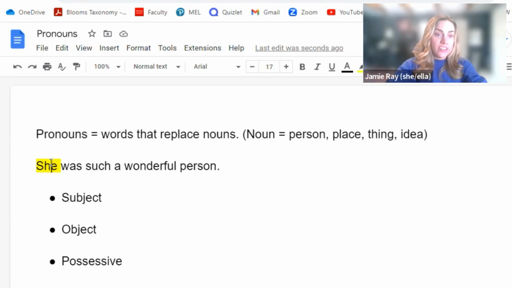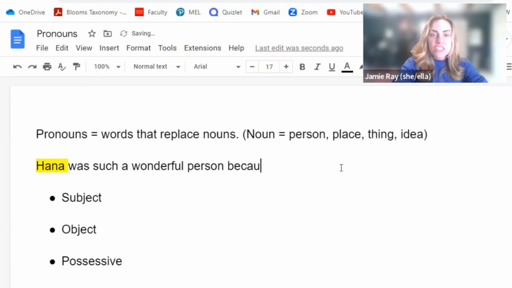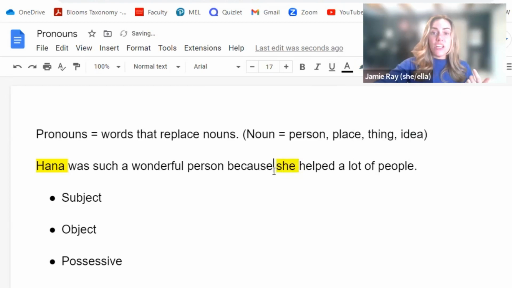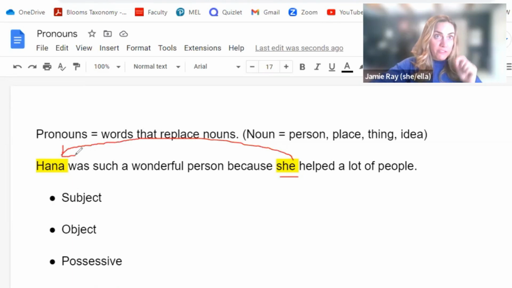Instead, use the name of the person, like Hannah was such a wonderful person because she helped a lot of people. Here, I'm using she properly because I'm using it to not be repetitive and not say Hannah again and again and again, but I'm also using it to refer back to the name I already mentioned.